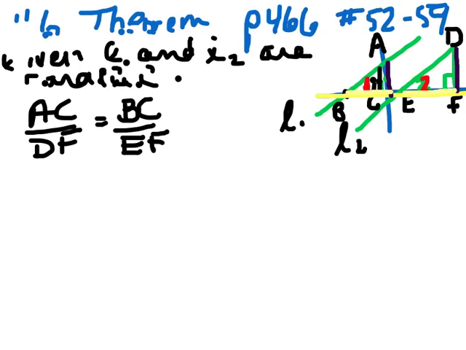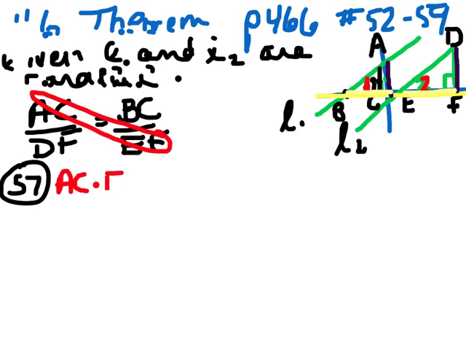We have this statement from 56 that was true because those proportions we make out of similar triangles are true. Now if you look at 57, and let me write that down, what they're going to do is cross multiply here. You get AC times EF is equal to BC times DF.